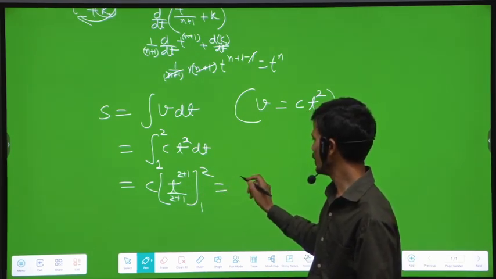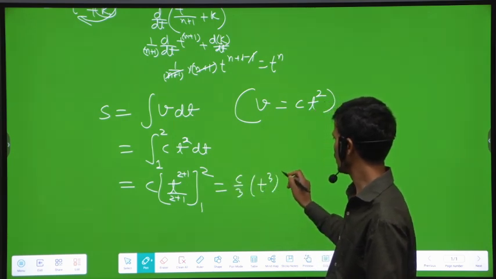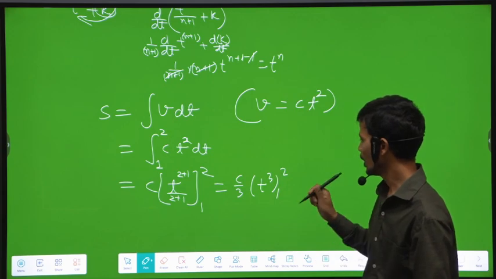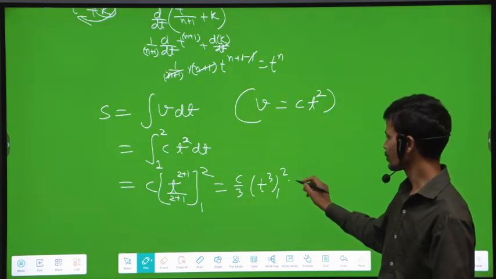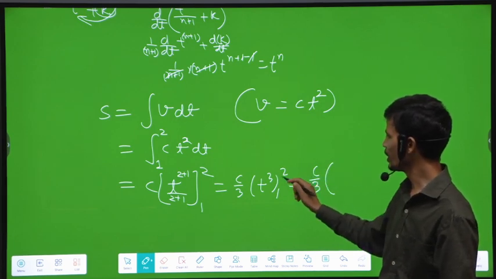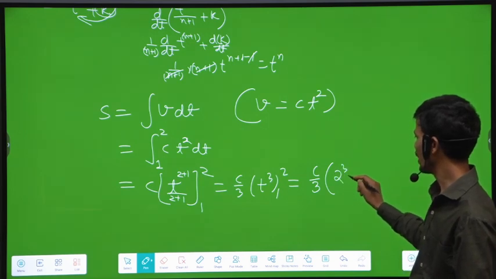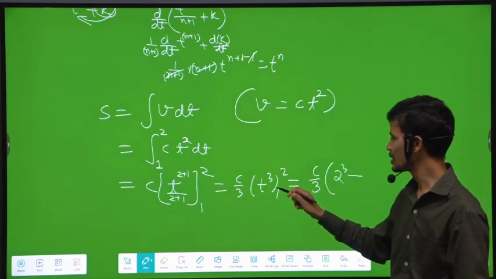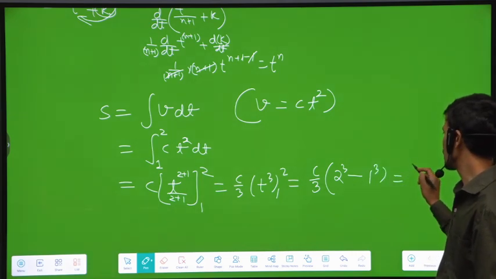So that will be c by 3 t to the power 3, limit 1 to 2. And now we will put the limit of integration, and for that we will replace this t by 2, then put minus and replace t by 1, and that will be the answer.